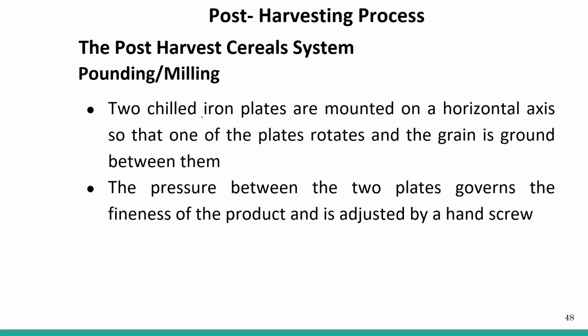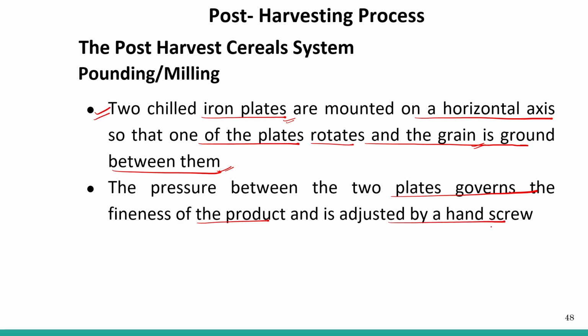In the plate machine, two chilled iron plates are mounted on a horizontal axis so that one of the plates rotates continuously and the grain is ground between them. The pressure between the two plates governs the fineness of the product and is adjusted by a hand screw.